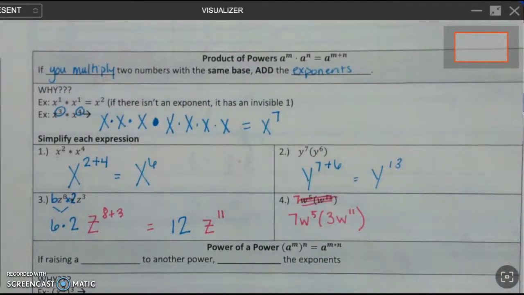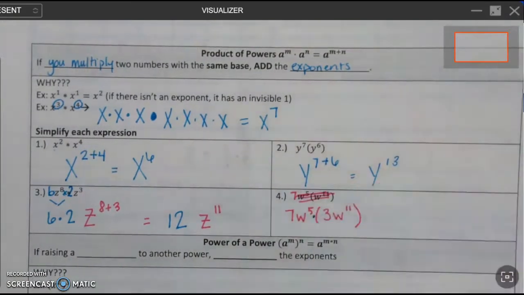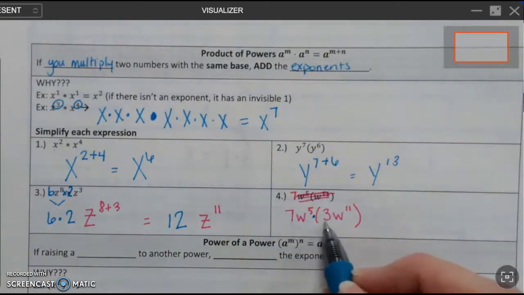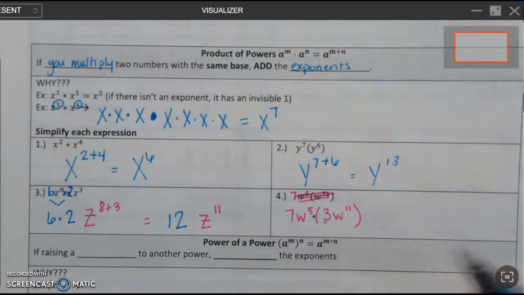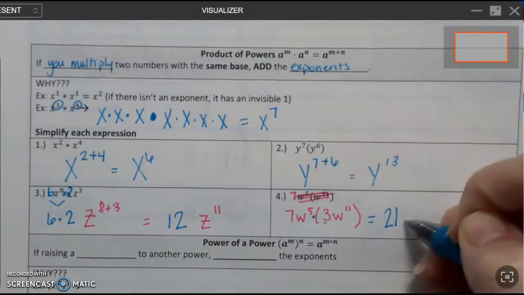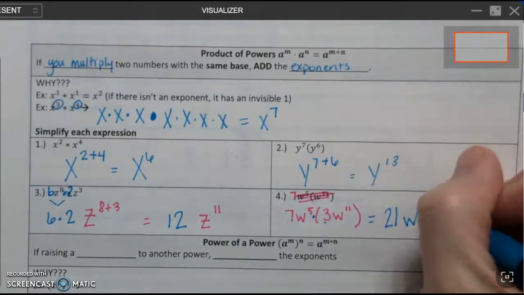We always want to kick it up a notch and help ourselves grow, kind of making sure we understand both how to deal with the numbers and how to deal with the exponents. So the coefficients in front are still going to be multiplied because it's multiplication. So the coefficient 7 times 3 is 21. And then for the w, I'm going to add those exponents together. 5 plus 11 is 16.